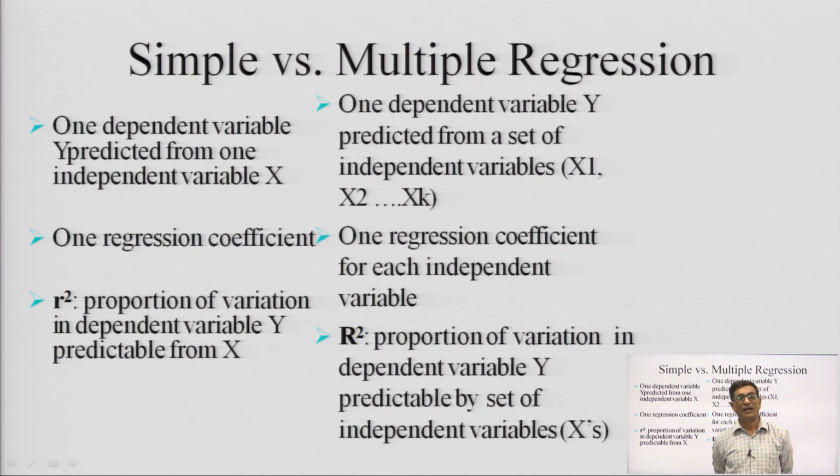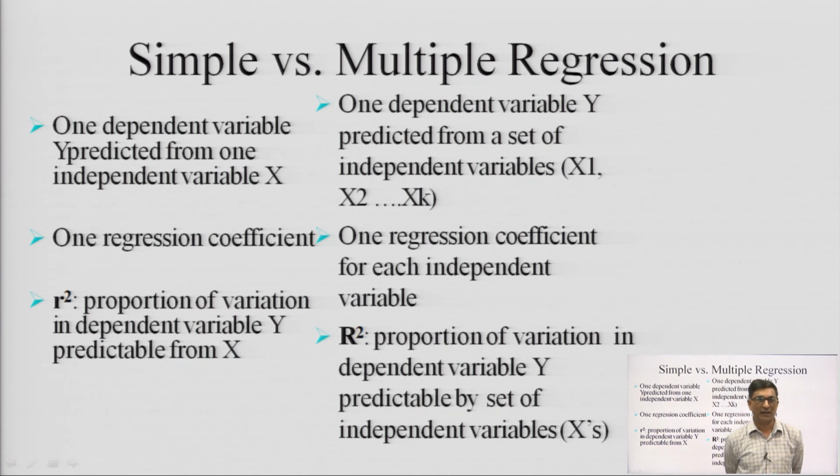That means, here we see in simple regression we have only one independent variable, while in multiple regression we have more than two independent variables. In simple regression we have only one regression coefficient, while in multiple regression we have one regression coefficient for each independent variable.